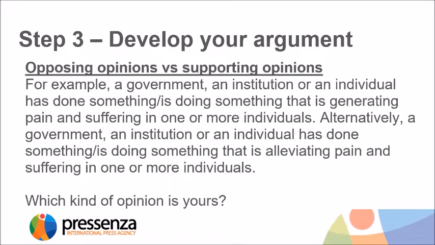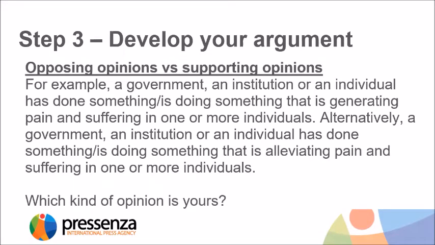Step 3 will be to develop your argument. Now, there could be 2 different types of opinion. You may have seen something which you oppose a great deal, or of course it may be the opposite. There may be something that has happened which you think is fantastic, which more people should know about, and which potentially has the seeds of something very interesting.